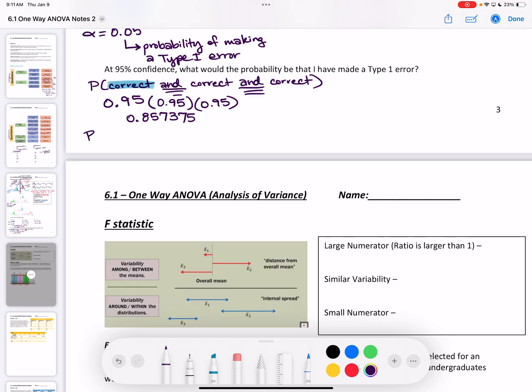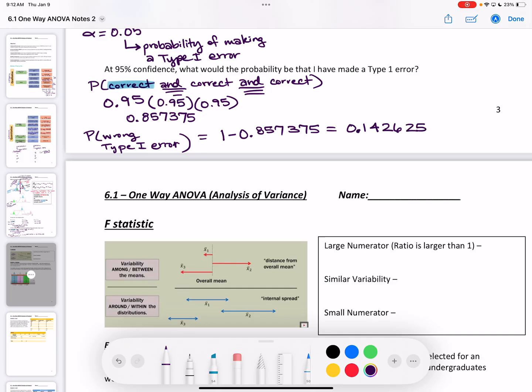So then the probability that I'm wrong or I commit a type 1 error for all 3 is what? It's 1 minus 0.857375, which is 0.142625.